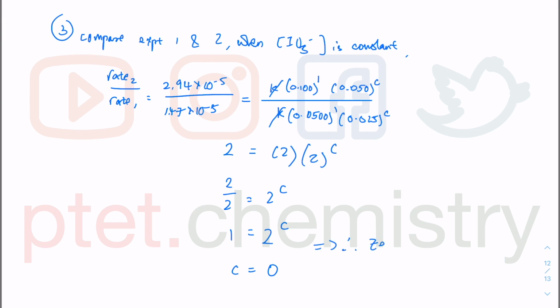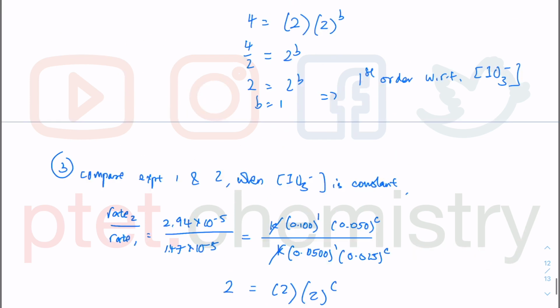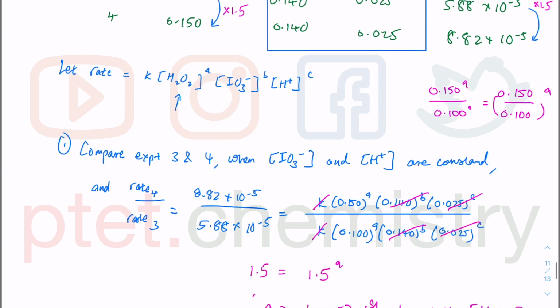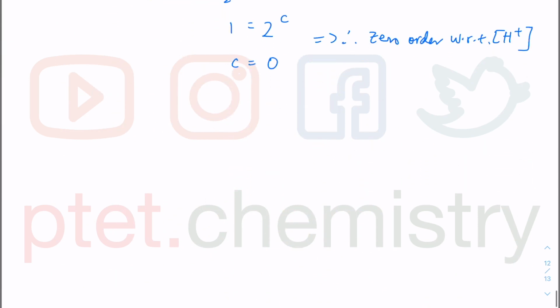Therefore, we say it is 0 order with respect to the one that was changing, which was H plus, and C is the order of reaction with respect to H plus according to our original algebraic expression to express the rate equation. So overall, A is 1, B is 1, and C is 0. So the next bit of the question, which is part 2, is asking you the rate equation.